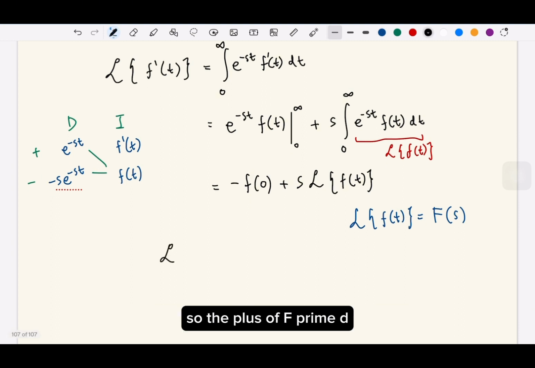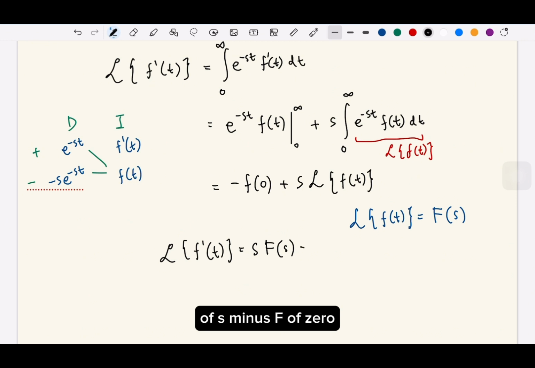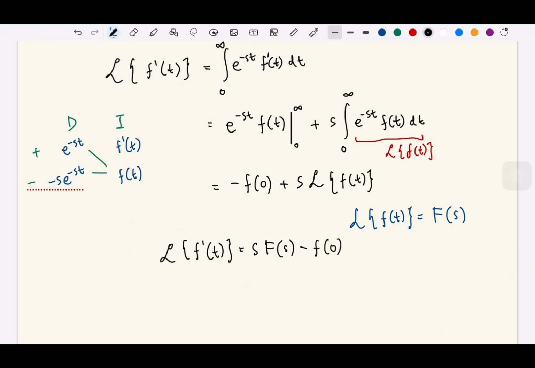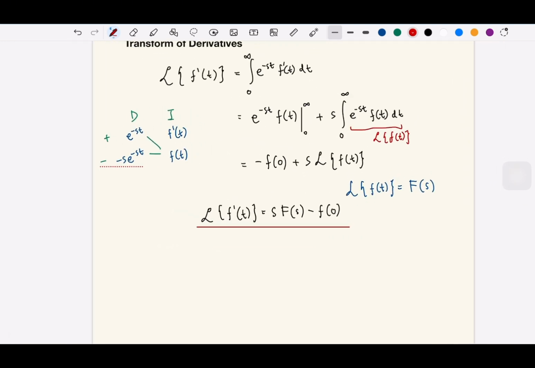So Laplace of f prime t is basically s F of s minus f of 0.